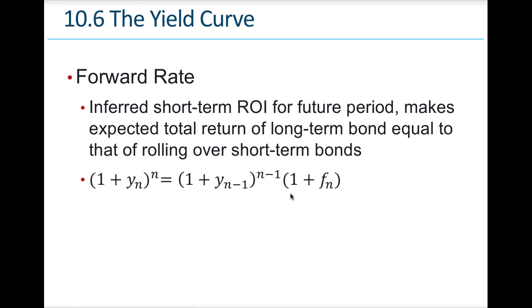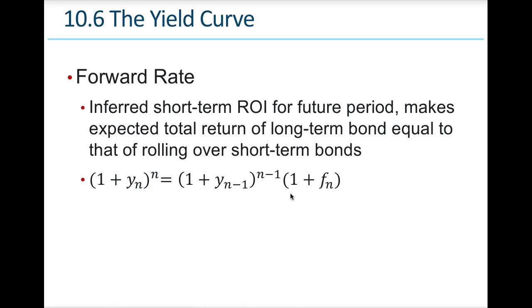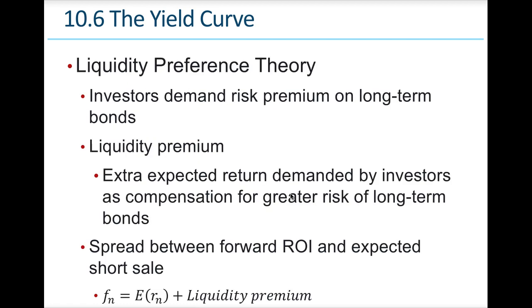It's kind of like looking into the future a little bit on the rate, and it has a particular formula to calculate what we think the forward rate is going to be. This can help bond investors decide whether to buy and sell bonds in the future.